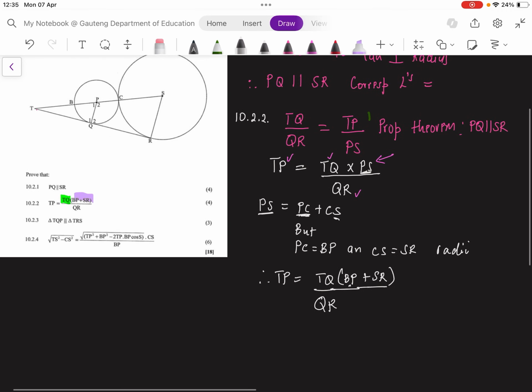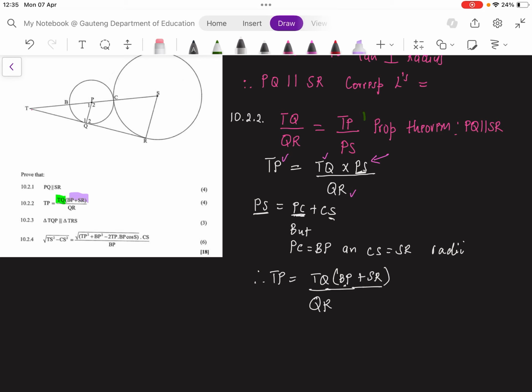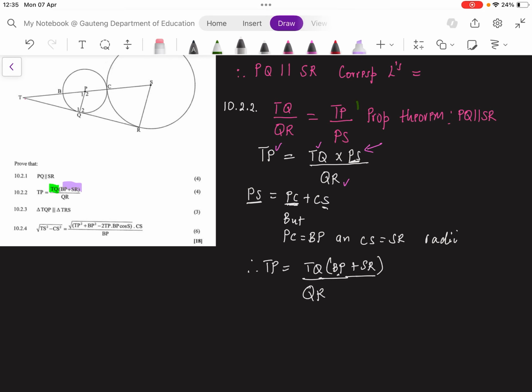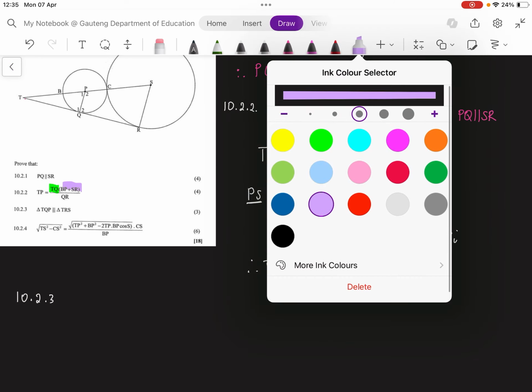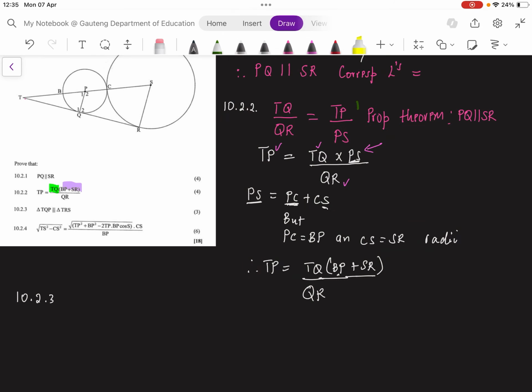Okay. Let's quickly move to 10.2.3. We are required to prove that triangle TQP is similar to triangle TRS.